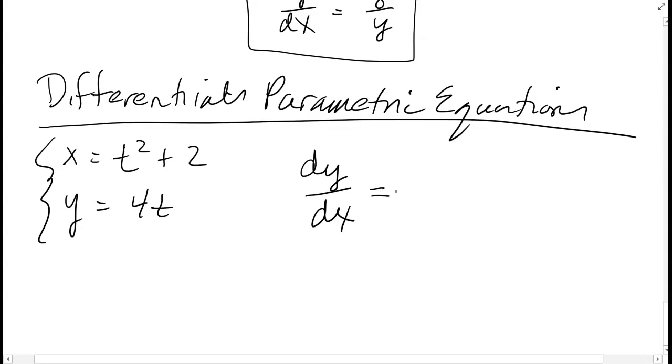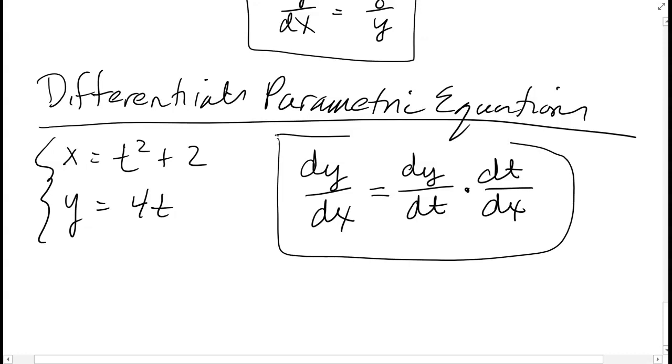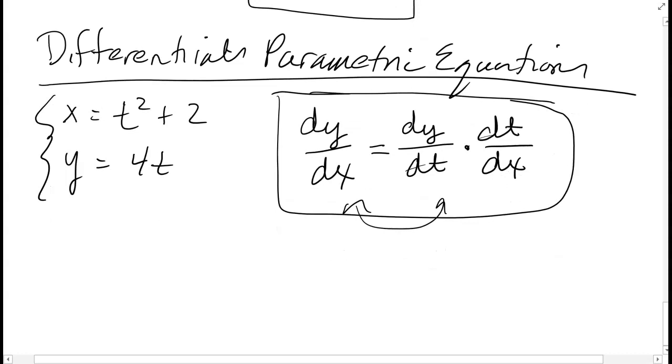Well, would you agree, because we have this third parameter t, we worked with this a little bit when we did related rates in Calc 1. Couldn't you say that dy dx equals dy dt times the dt dx? Would you agree that because I can cancel the t's, these two relations equal each other? Okay, so this is a way I can introduce the dt because there's a t in my parametric equation.